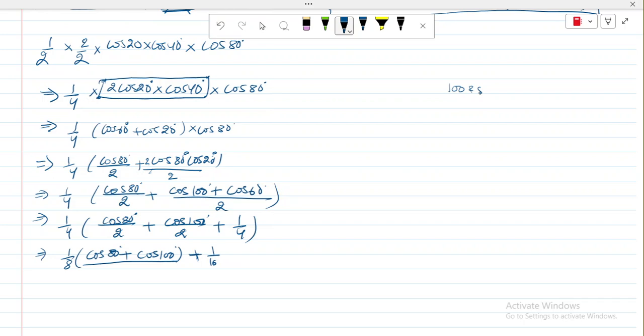So in such questions there is always a method. If you have four values, you will mostly be getting 1 by 2, 1 by 2, 1 by 2, 1 by 2, that is 1 by 16. There is a short trick.